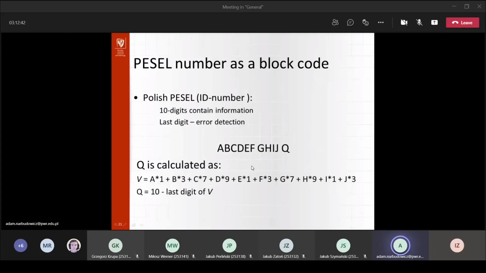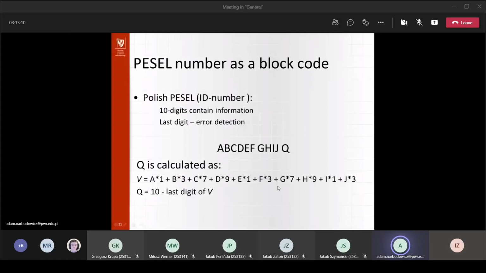Well, basically the Q value, so the Q is the last digit, is computed in this way. Each of the previous numbers is respectively multiplied by 1, 3, 7, 9, and then again. Then the result of that is 10 minus the last digit of the sum, right?